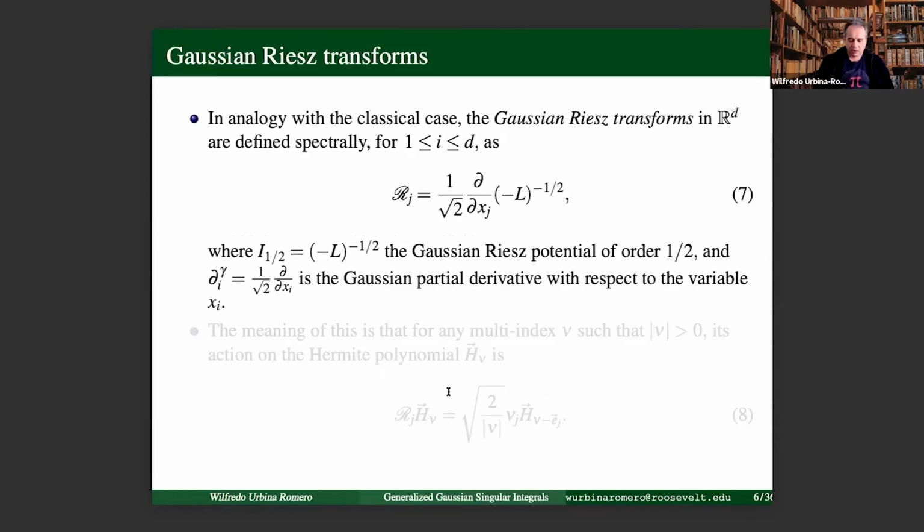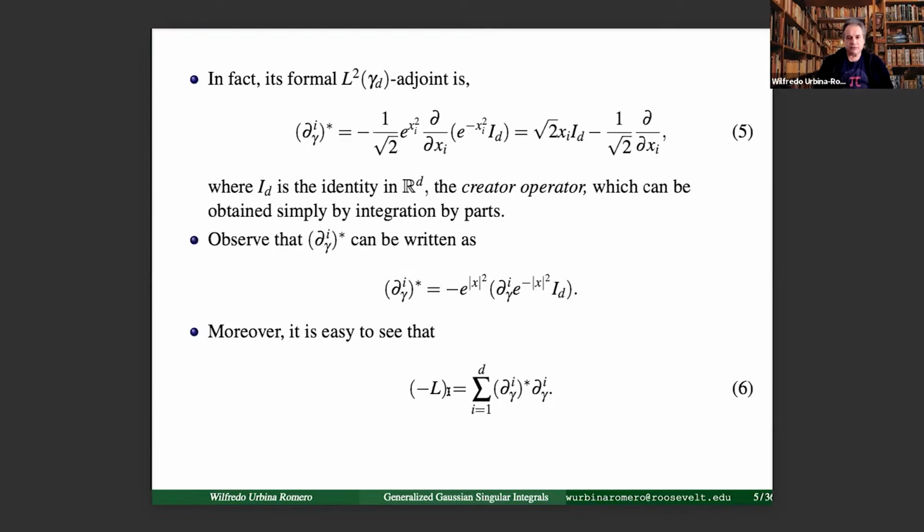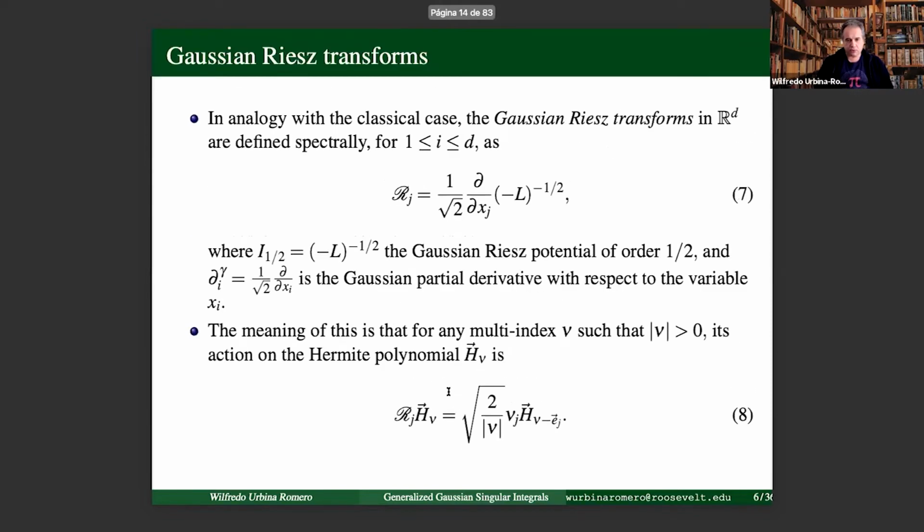Okay, so the Gaussian Riesz transform, well, there are several ways to define it. This is probably the most straightforward. You take minus the Ornstein-Uhlenbeck operator, take the inverse of the square root, and take the derivative of it, the Gaussian derivative, right?